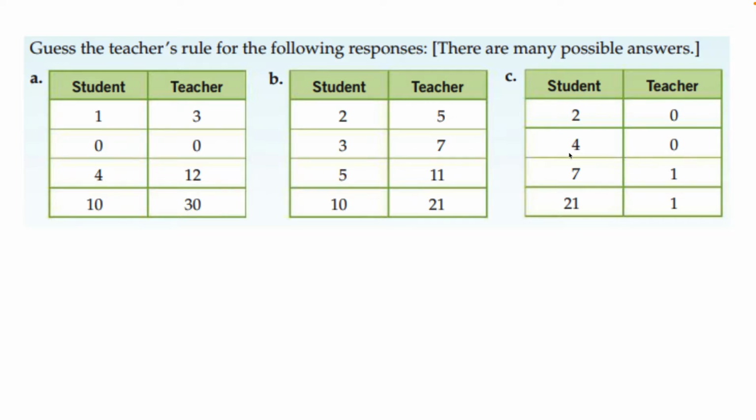How about here? What do you see? The answers are only zeros and ones. So I'm going to examine what the student's input was. So for 2 and 4, you get 0. 7 and 21, you get 1. What could be the rule? There should be a lot of different answers, but my rule, I guess, is if the number is an even number, the output is 0. If the input is an odd number, the output is 1.